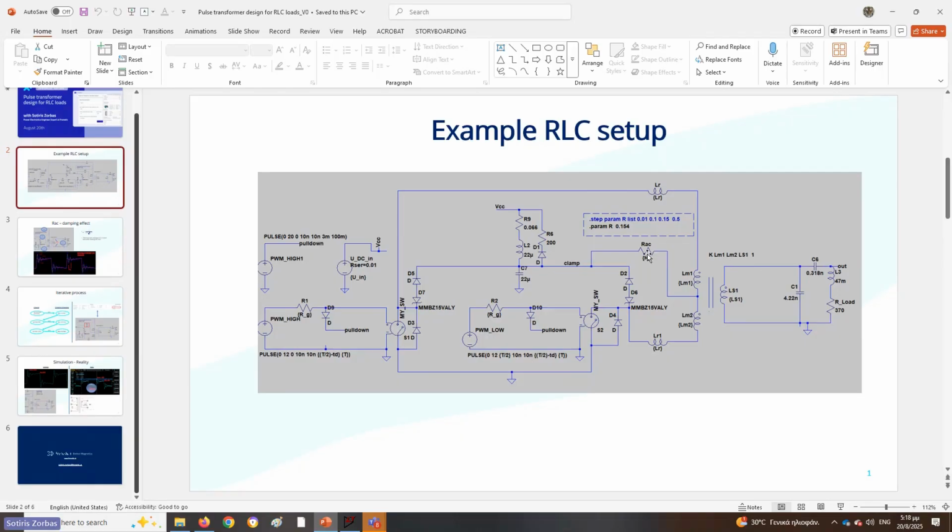Because if I remove this resistor here, I remove the losses of the transformer, so whatever LC you have here is going to ring. It has to be damped by the primary somehow, either with clamping. There is some clamping here, but mainly the resistor here is a Zener clamp. So you will see the oscillation and maybe a flat top.